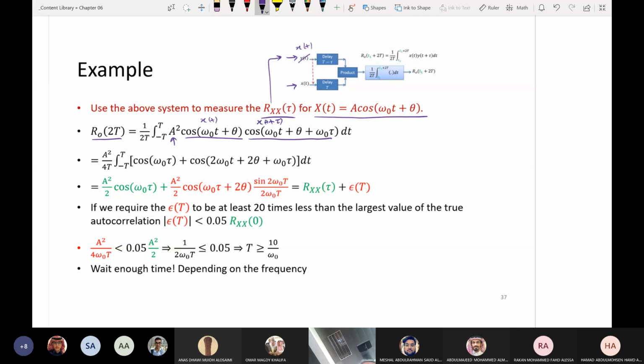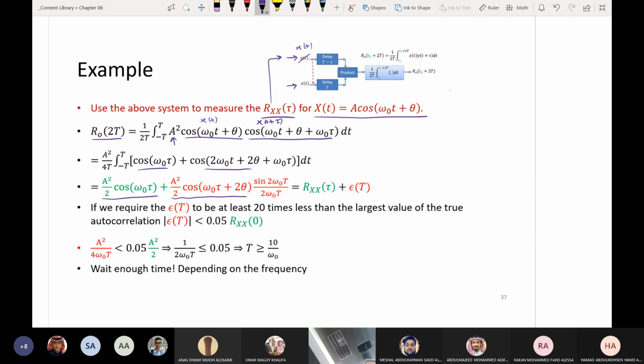Now, we can write the product of cosines as half cosine the difference plus cosine the sum. If we do this integration, you will get basically a squared over T over 2 cosine omega 0 t. This is the first part. The second part is a squared over 2 cosine omega 0 tau plus 2 theta.